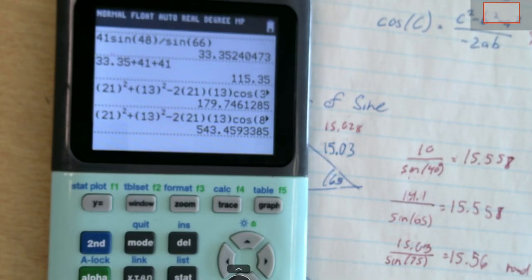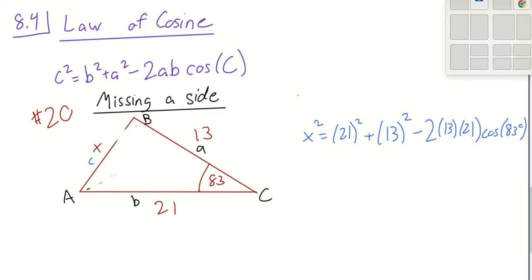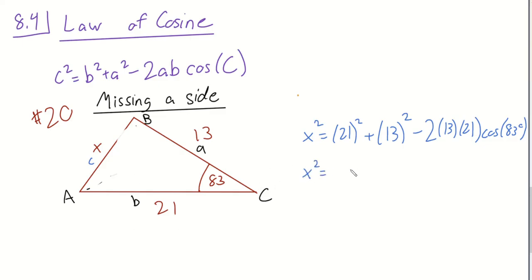Now, Elijah, what did you do next? Yes. So, we got x squared equals 543.46. And we have to do square root, Elijah said, of both sides. Take the square root.